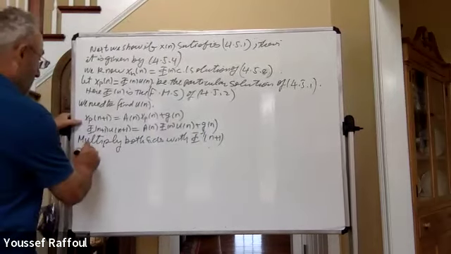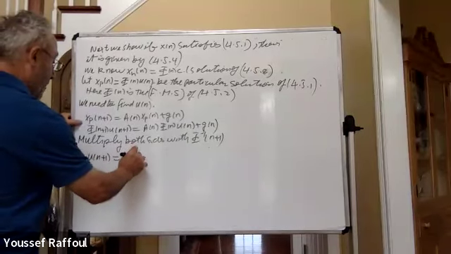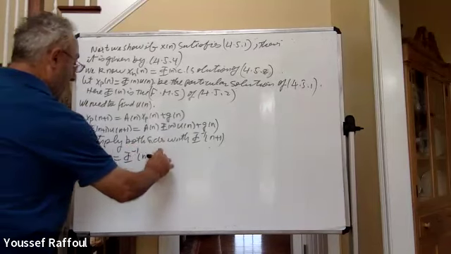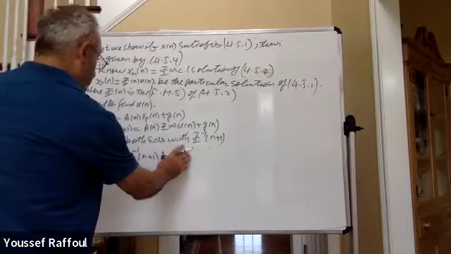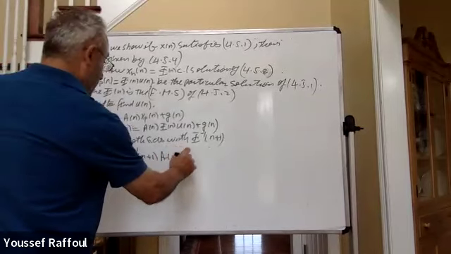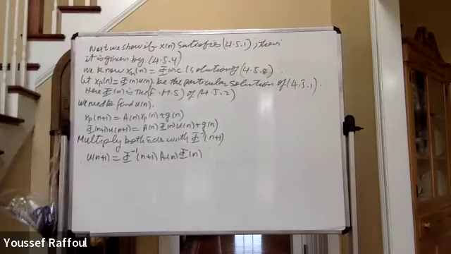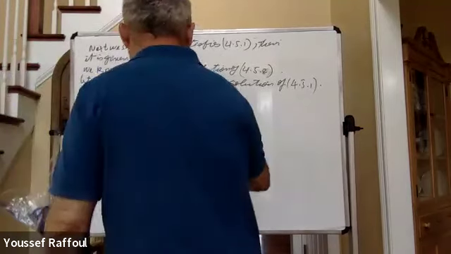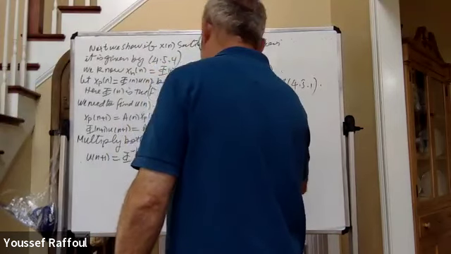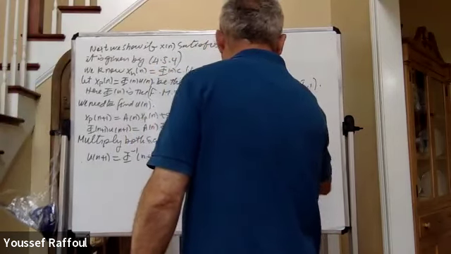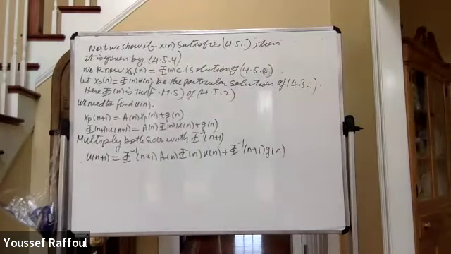So we're gonna get un plus 1 equal phi inverse of n plus 1 an phi n un plus phi inverse of n plus 1 gn. Okay?